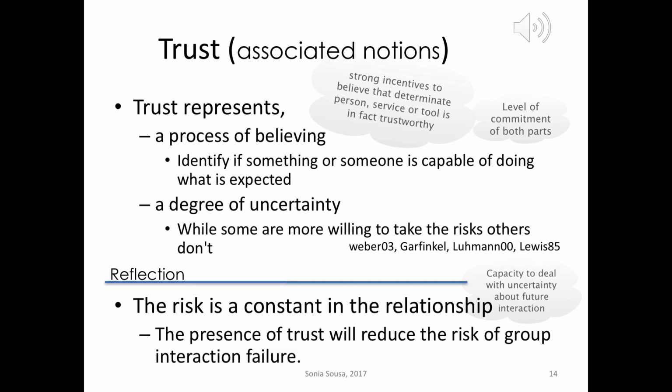And within that belief comes a degree of uncertainty. Some people are more willing to take a risk than others. So within trust, the risk is a constant in the relationship. By taking a decision to trust or not to trust, we are trying to reduce the risk of interaction failure.